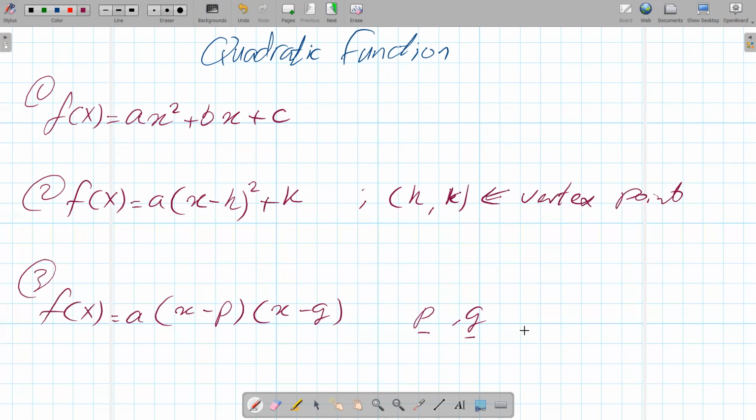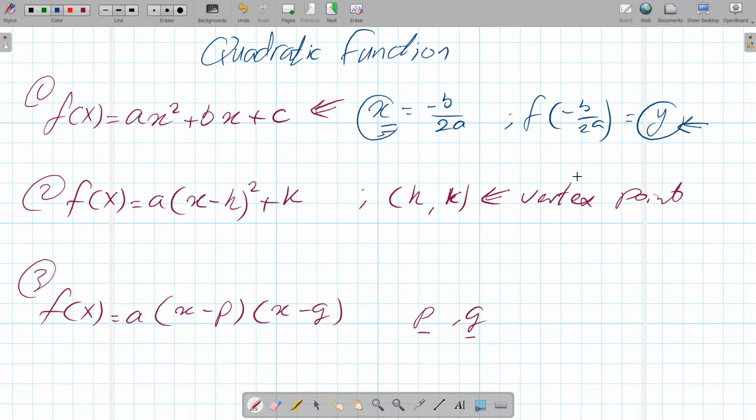We can determine the vertex point from the standard equation using this rule, which is x equals negative b over 2a to find the x coordinate. After that, substitute this value in the equation, which is f of negative b over 2a, to find the value of y, which is the y coordinate.